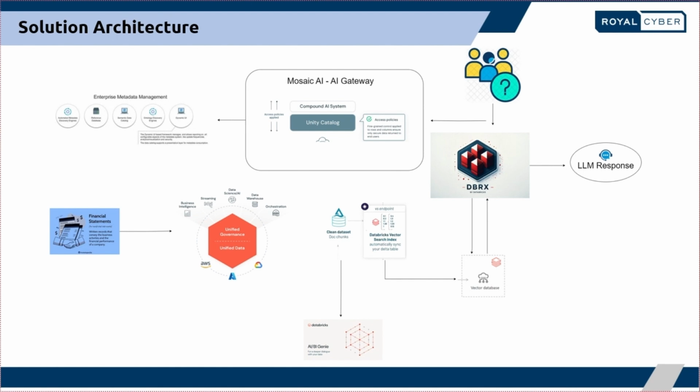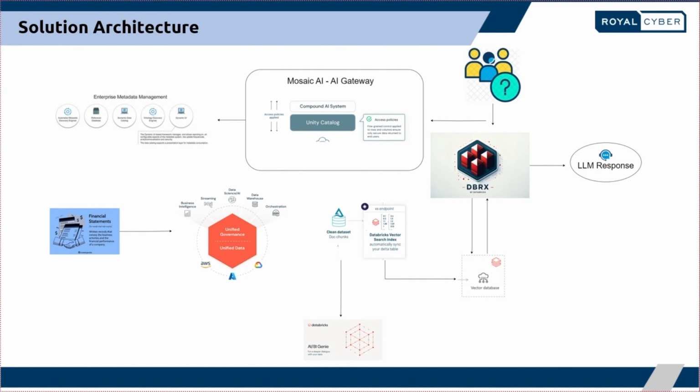We fetch it to the vector store so that whatever queries we have, the LangChain retriever uses the Databricks DBRX and obtains the result from the vector store. And finally, once the result is obtained, the LLM gives you a proper response as a financial assistant.